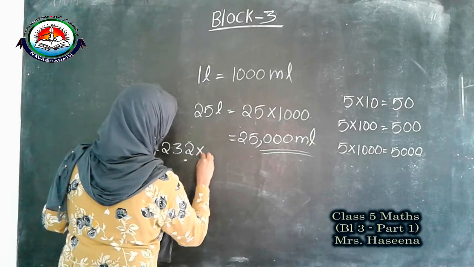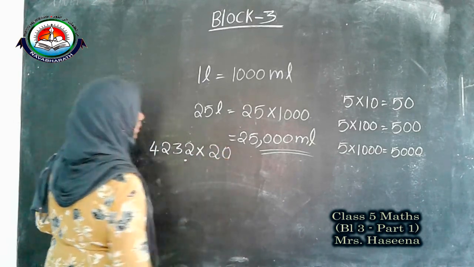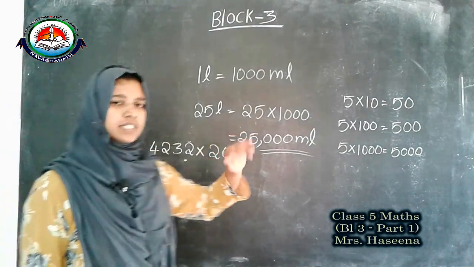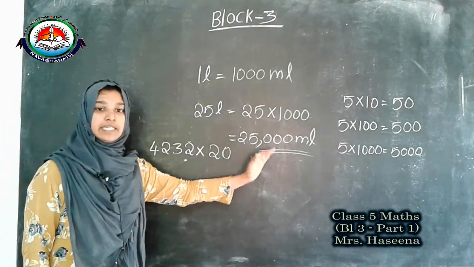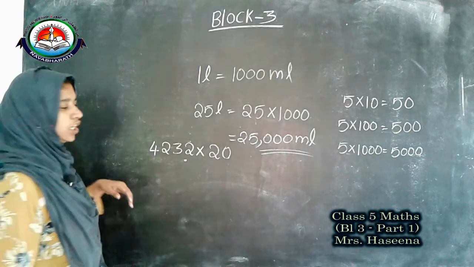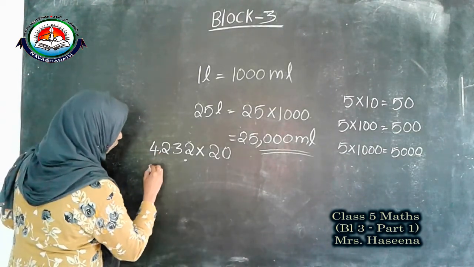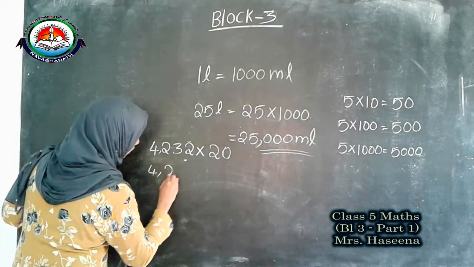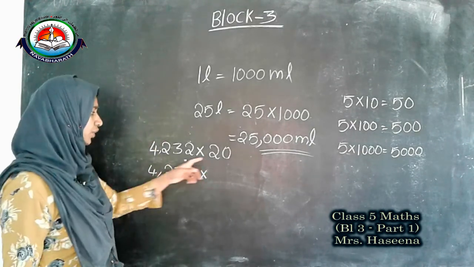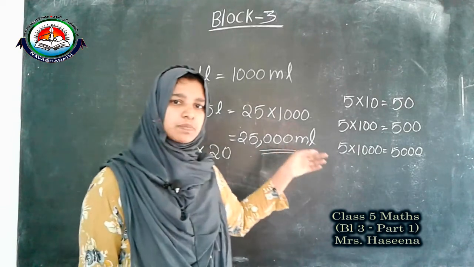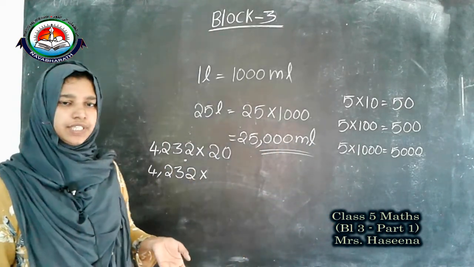Okay. Another question. 4,232 into 20. We want to find this answer. How can we find this answer in an easy way? Okay, we can check it. 4,232 into 20, how can we split 20?